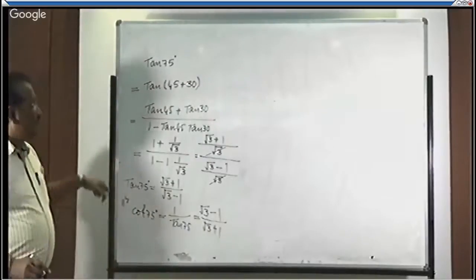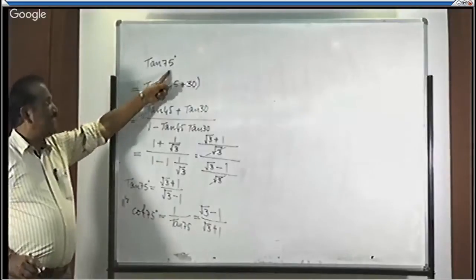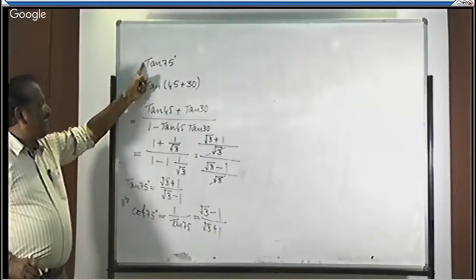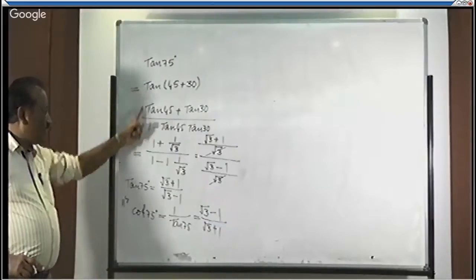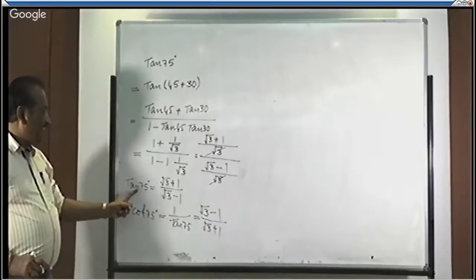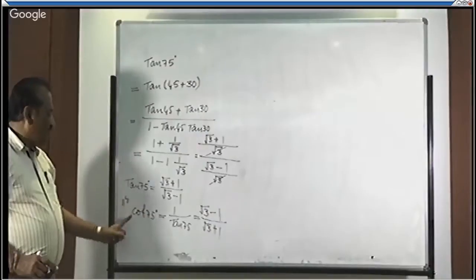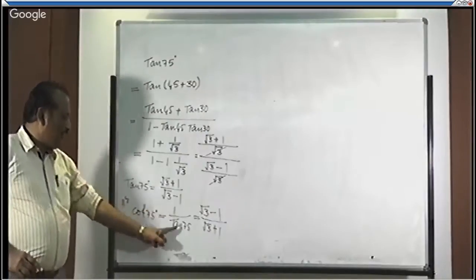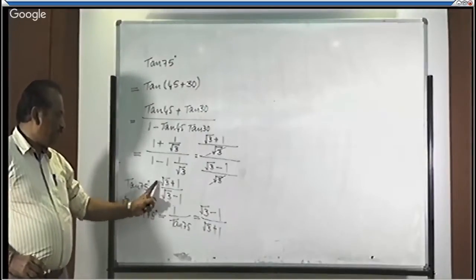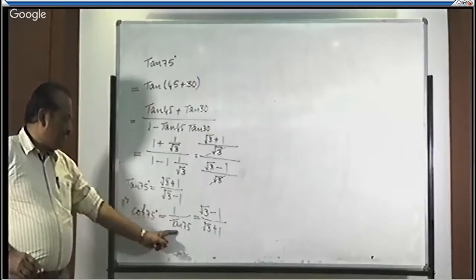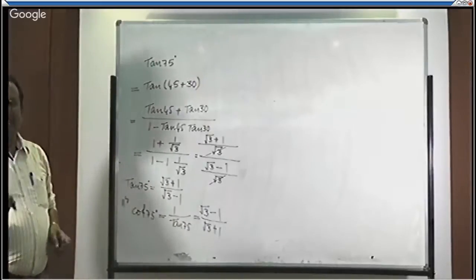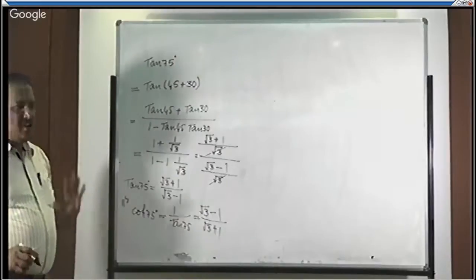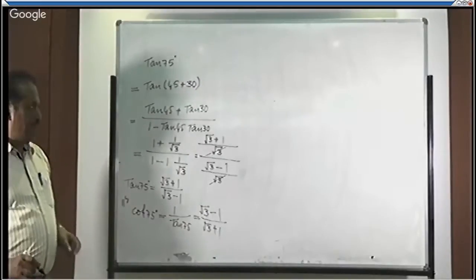Even in the examination, if asked to find the value of cot 75 degree, consider tan 75 and follow the steps in this fashion. After getting tan 75 degree, we know that cot 75 degree is equal to 1 by tan 75 degree. Replace the numerical obtained for tan 75 degree, then you can write root 3 minus 1 divided by root 3 plus 1 as the numerical for cot 75 degree.